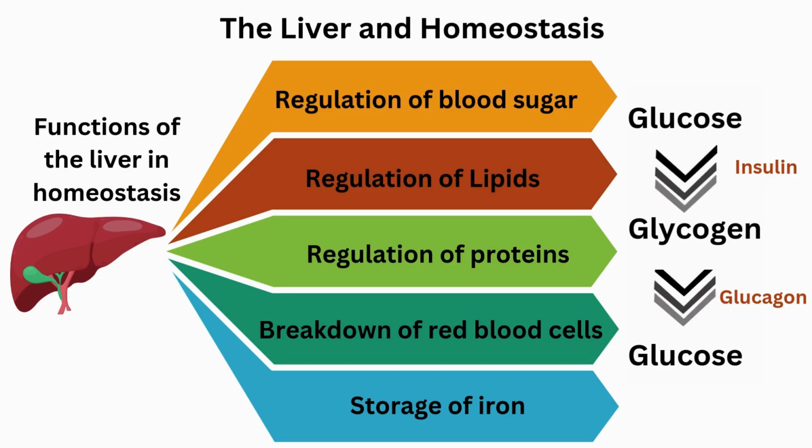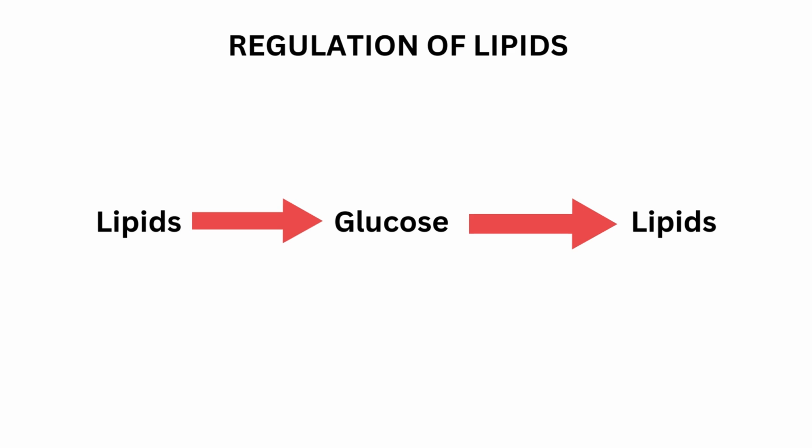The liver also converts the stored glycogen into glucose with the aid of another hormone called glucagon, thereby regulating the level of blood sugar. Another function of the liver is regulation of lipids. The liver regulates lipids in the blood by converting them into glucose and oxidizing them to release energy during aerobic respiration.